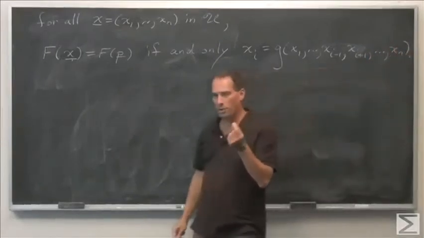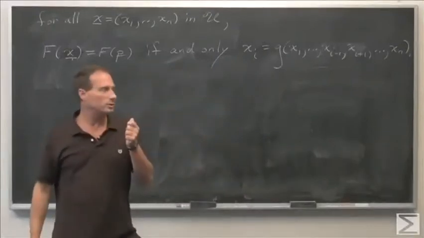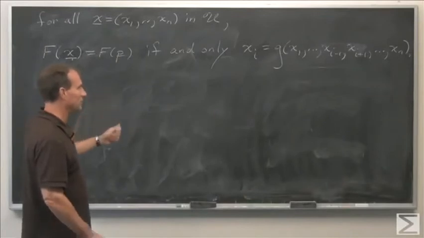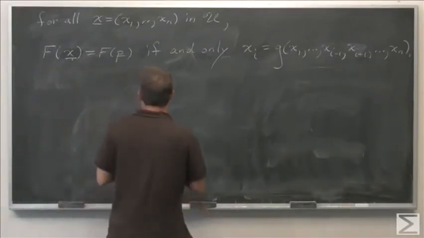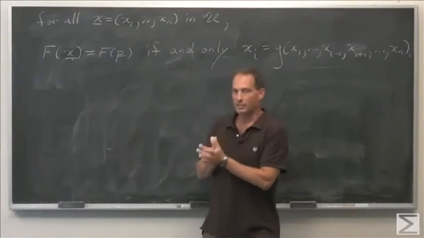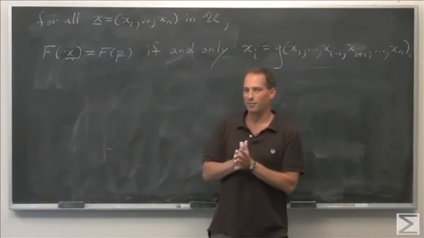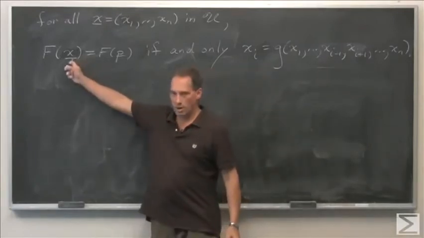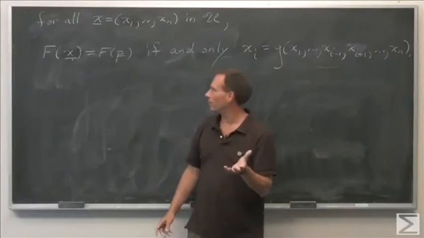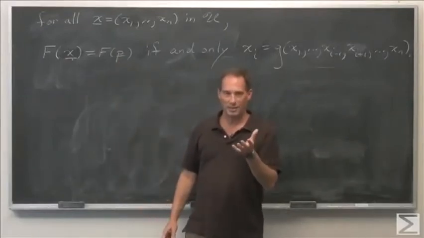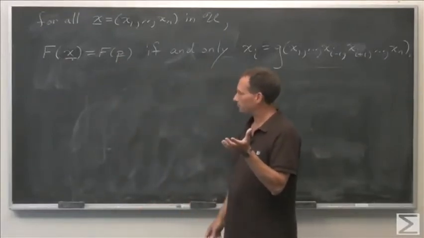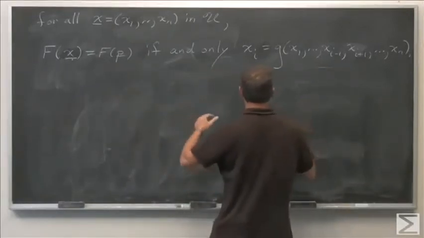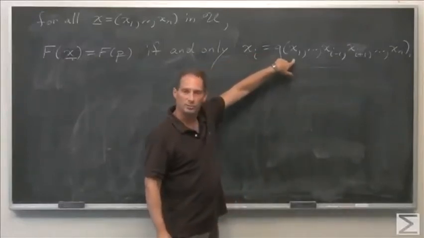There's a furthermore, but before I say the furthermore, I want to explain maybe in more down-to-earth terms what this means. All this is saying is that as long as the partial derivative of f with respect to i is non-zero at P, then if you take this equation, that your function f of x equals this constant, whatever f of P is, that this equation implicitly defines xi in terms of the other variables.